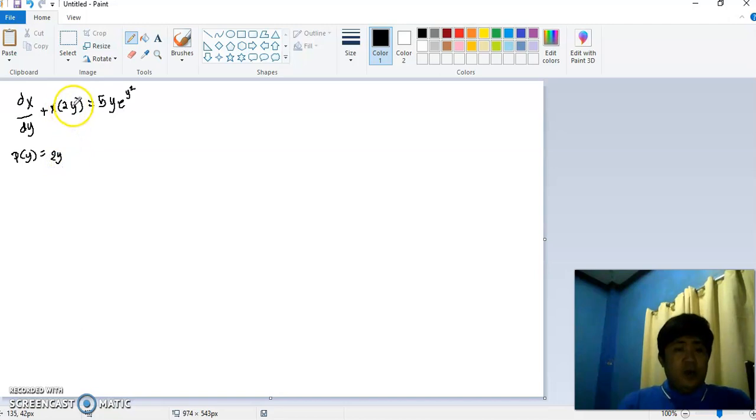Sir, could we use only y? Include the constant, because remember that the standard form in this side is just x. So other than x, that is your p of y. Then your q of y will be 5y e raised to the power of y squared.